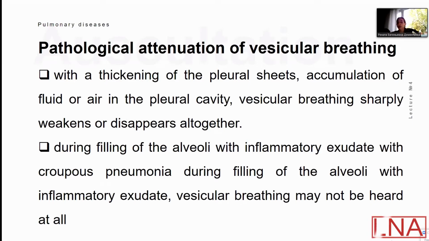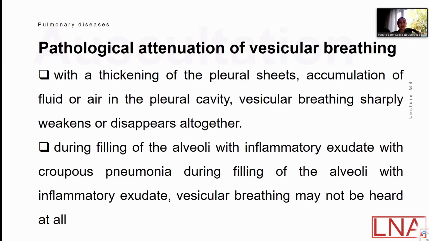It can be absent at all, vesicular breathing above the region of lesion, or it can be a reason of pathological attenuation of vesicular breathing. And in case of thickening of the pleural sheaths, what's the process of the thickening? It's pleurisy, yes, thickening due to inflammation, different types of inflammation, but it will be pleurisy.